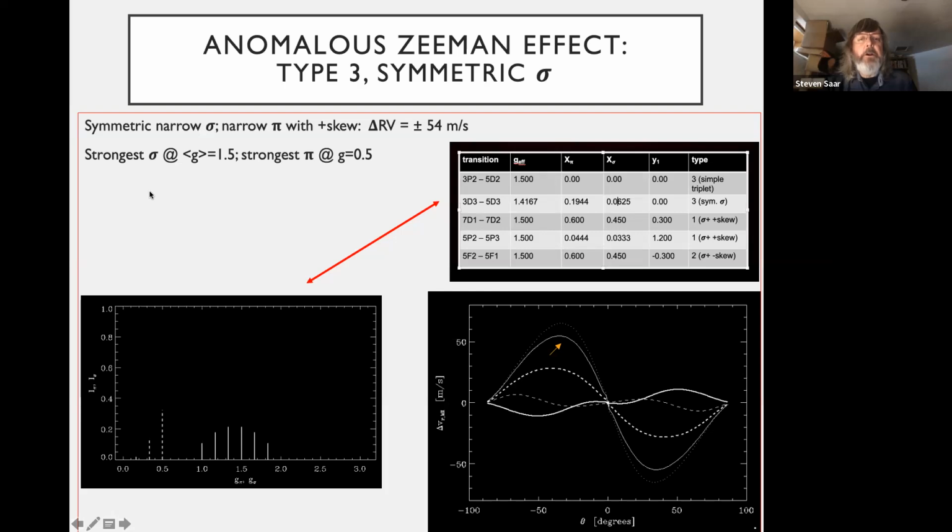So here you have quite a bit larger signal in the lower right, as indicated by the orange arrow. That's an amplitude of 54 meters per second. The strongest sigma component here, and actually an average of two of them, is right around 1.5. And the strongest pi component is shifted slightly at 0.5.